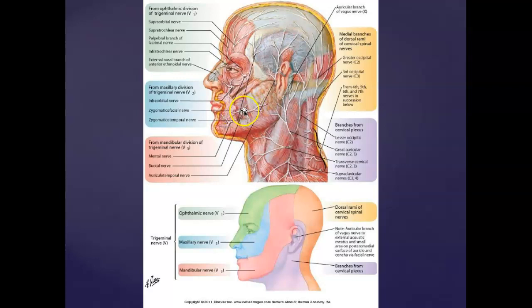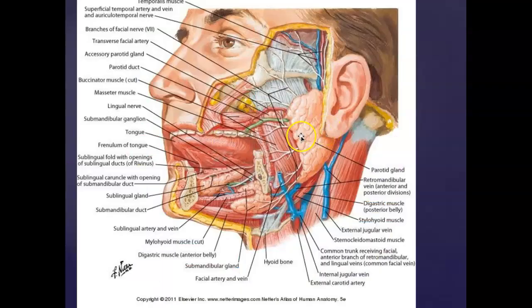This is going to be easily confused. This buccal branch of trigeminal is going to be easily confused with the buccal branch from the facial nerve. Now, one way to be able to tell the difference here is, does it come from the parotid gland or does it come from underneath the masseter muscle?